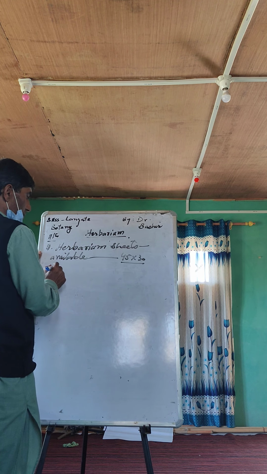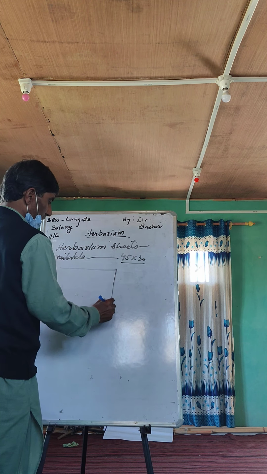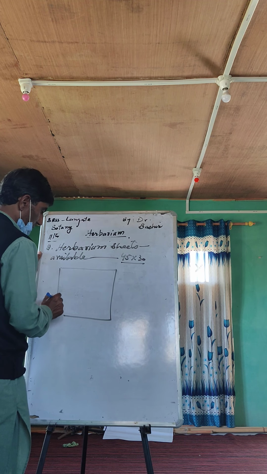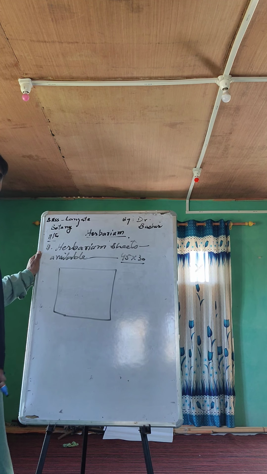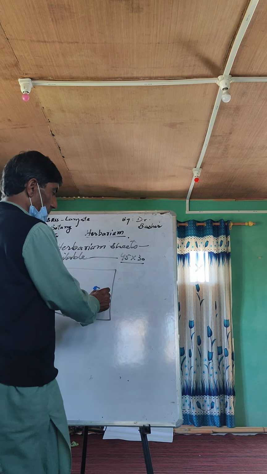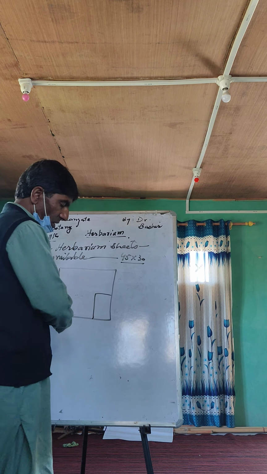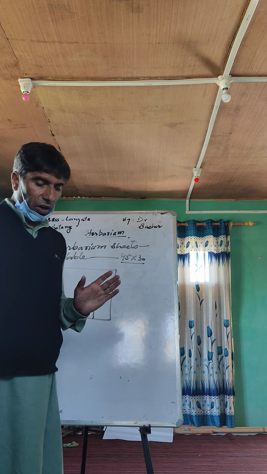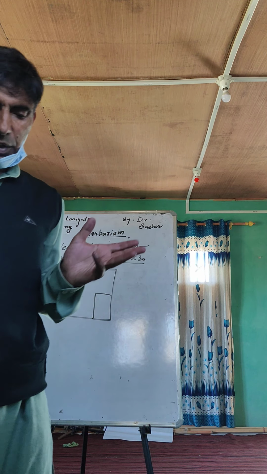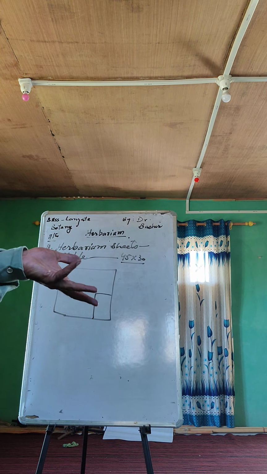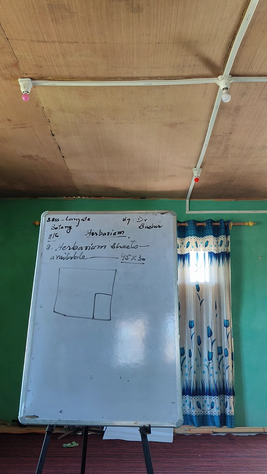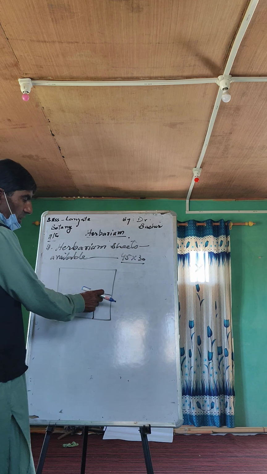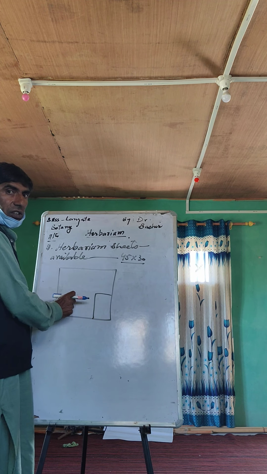This herbarium sheet is used for fixing the dried plant. On this herbarium sheet, but keep in mind, on the right or on the left corner of the sheet, we fix an information slip.